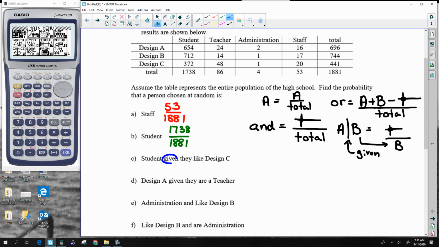Okay, here we have the word given, so the second piece is going to be the total. So design C is going to be the total, so that's 441. And where that intersects with students is at 372. So the second piece becomes the total, and the intersection is the numerator.